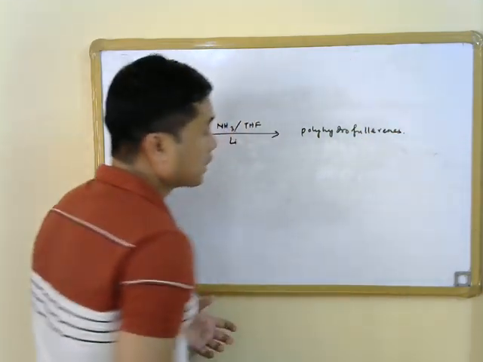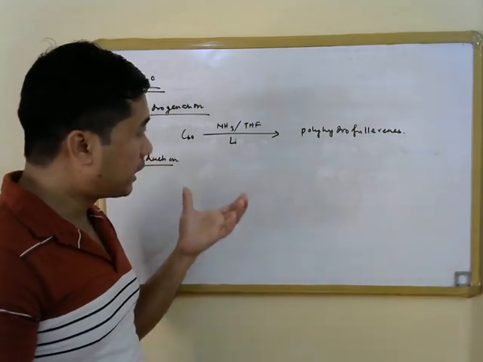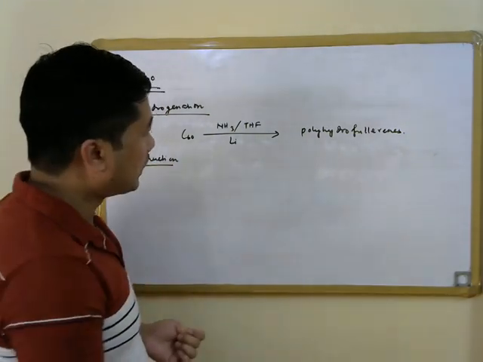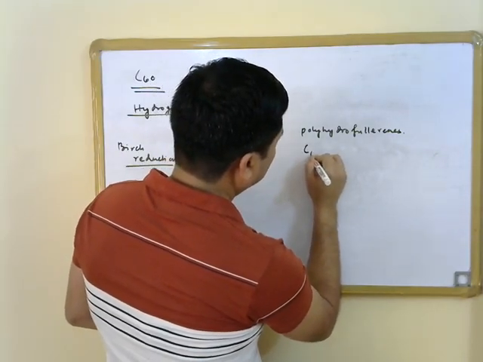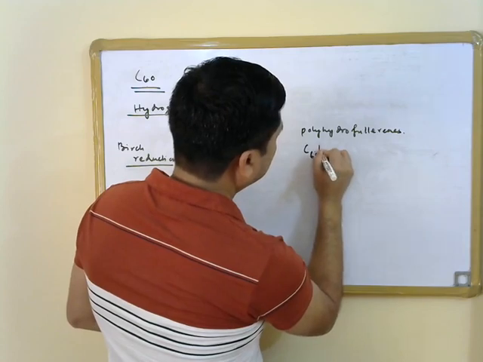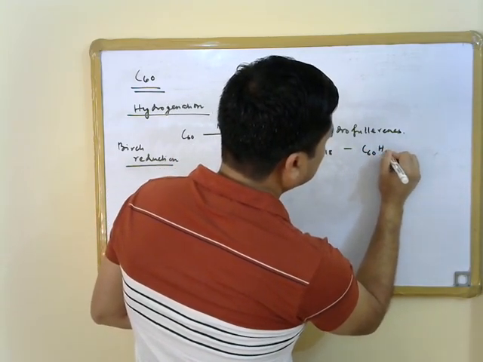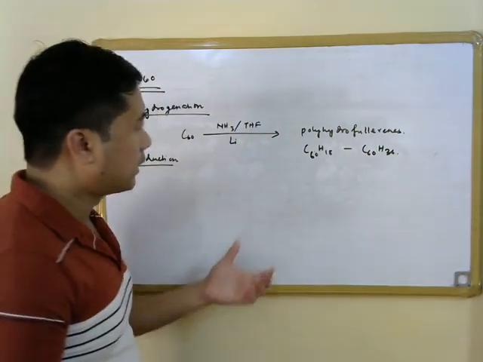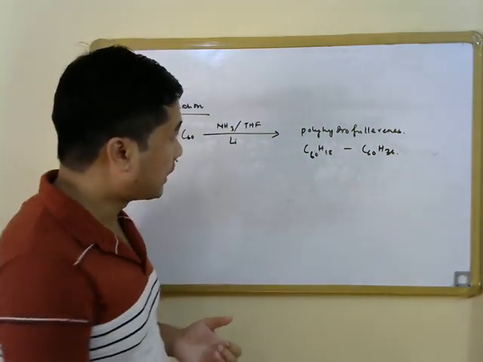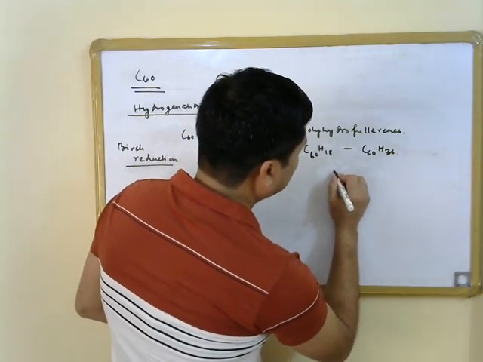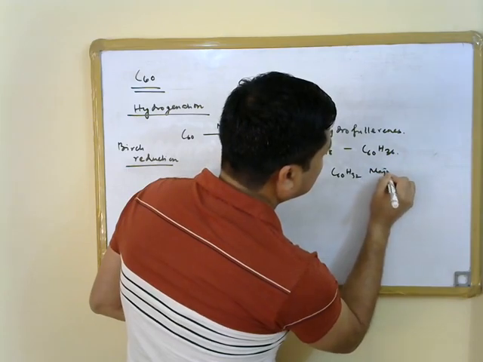This reaction will essentially yield a mixture of polyhydrofullerenes from C60H18 to C60H36. All these polyhydrofullerenes will be formed, but the major product here is C60H32.